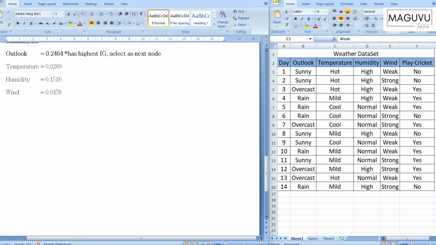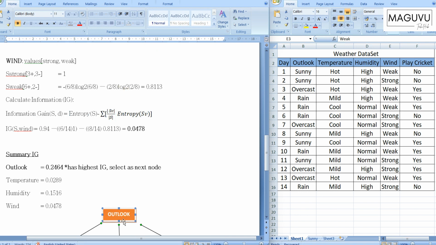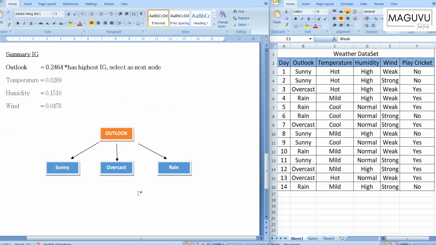So as we draw our tree according to the Shannon method that we have there, you will see that it gives us a nice starting point, where then we will say this will be our node, the outlook, and then out of the outlook we have got 3 values, which is sun, overcast, and rain.